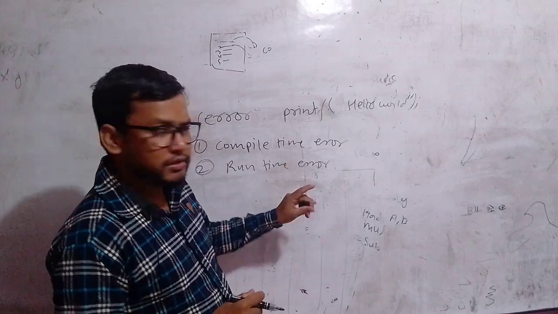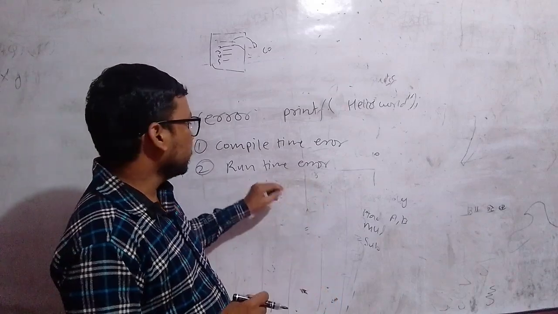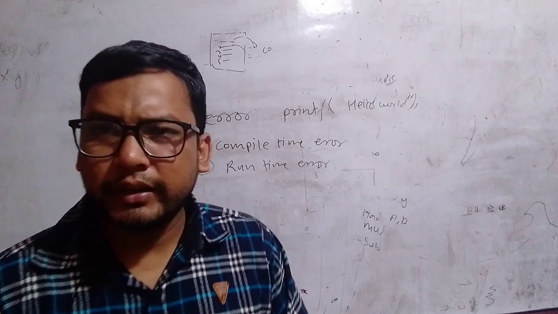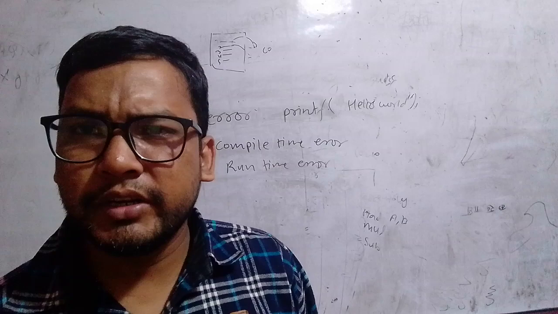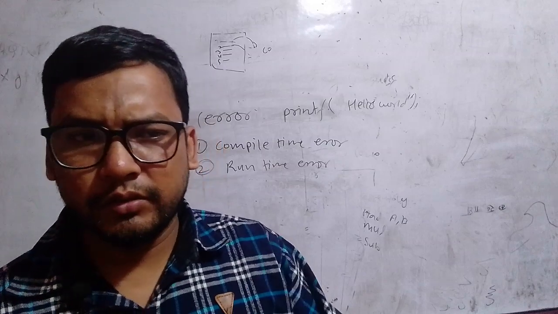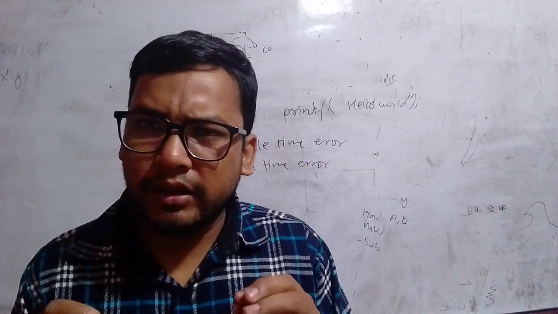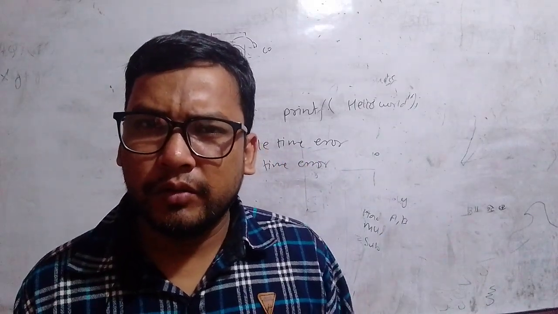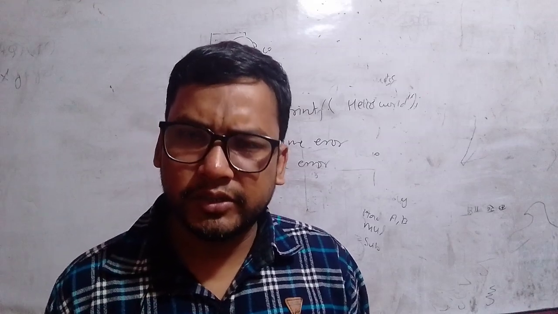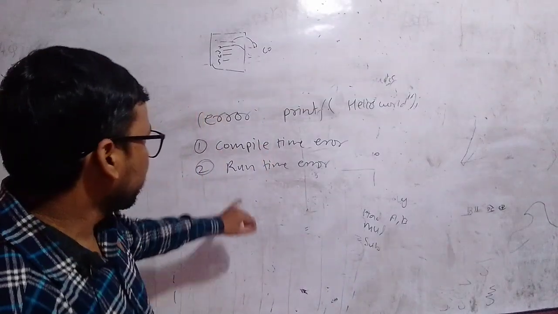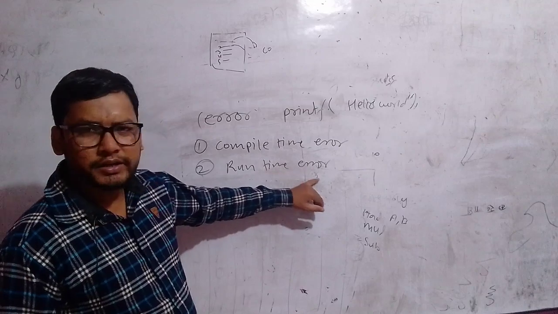While executing this object code, if the computer finds an error, it is called a runtime error. Compile time error means the error is found while converting the high level language into the low level language. But in a runtime error there is no compiling error, compiling is fine, we successfully obtain the object code, but while executing the object code we get the error.